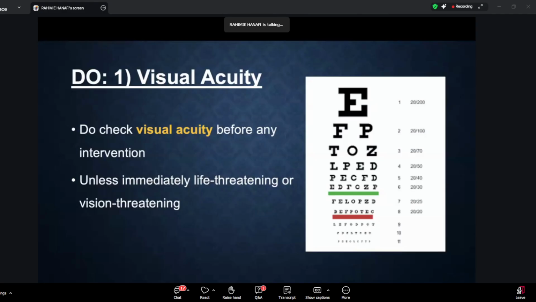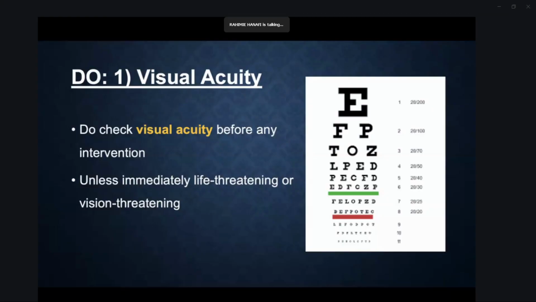Usually for this kind of patient with, for example, high BP or high CBS, you need to stabilize the patient first, then only check the visual acuity. Next, you have to use the proper term to describe the visual acuity, for example 6/60, because it is very important for documentation and also to communicate when you want to make a referral. It is also for your own documentation as well.